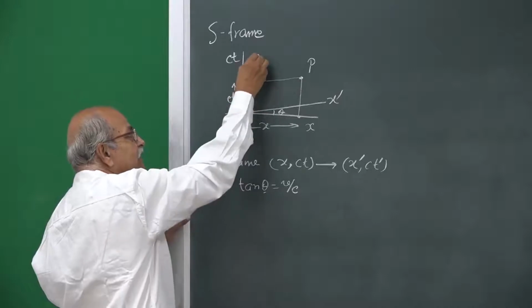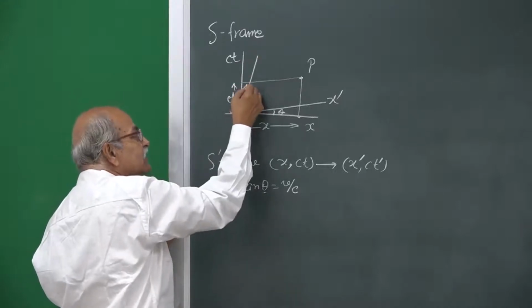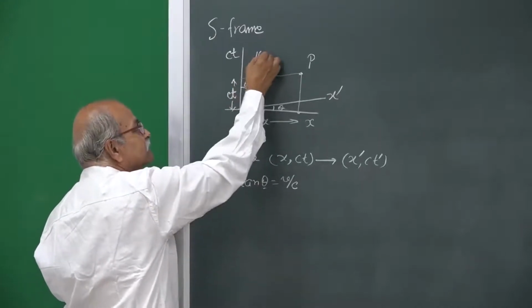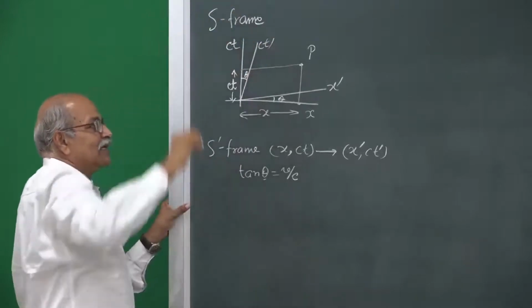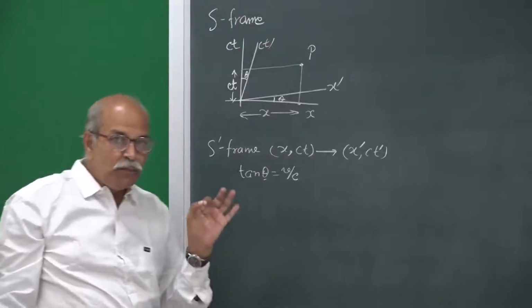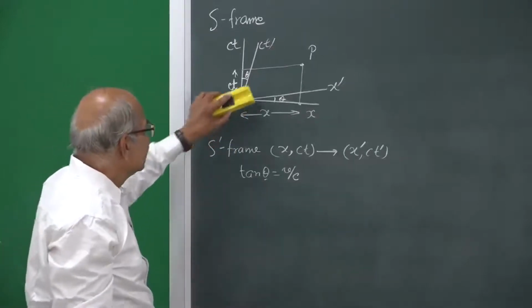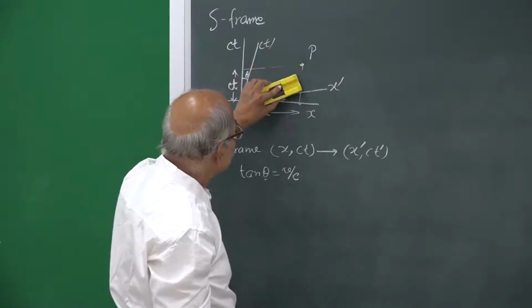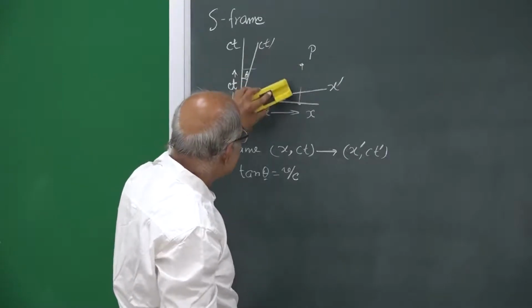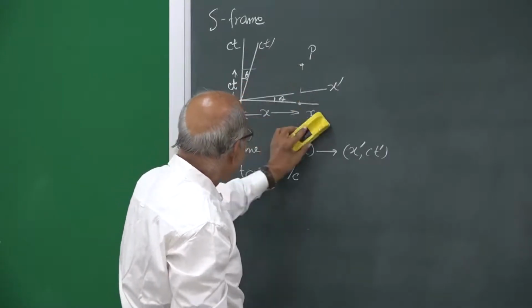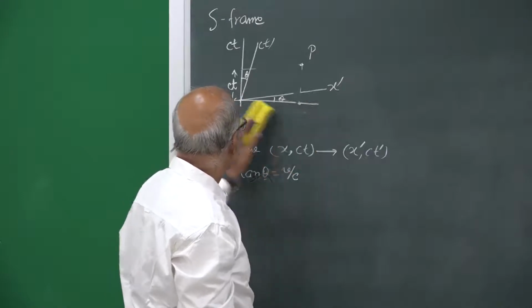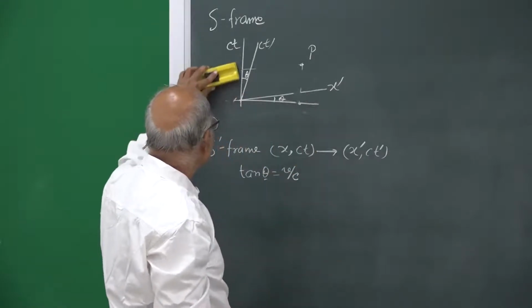This angle is also theta, and this line is the CT prime line. So now you have oblique axes for S prime. If you want to know x prime and t prime, your axes are now oblique.